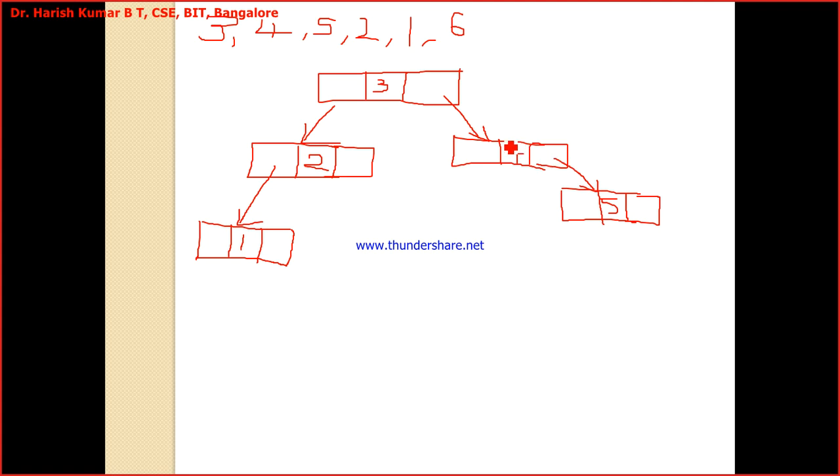Yes, the right subtree for this 4 already exists. I travel along that path. Next I compare 6 with 5. So 6 is greater than 5, and I check whether the right subtree for 5 exists. There is no right subtree for 5. Now I have found the place where I need to insert 6. So 6 gets inserted here.